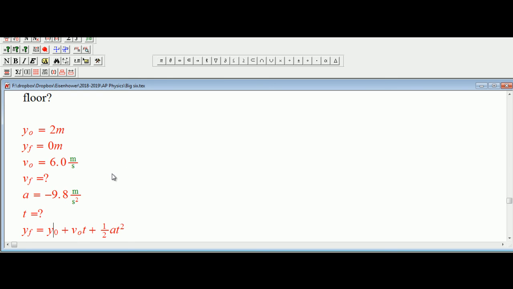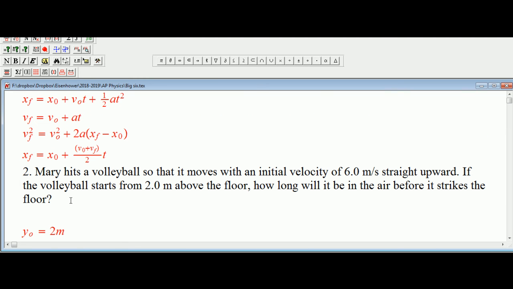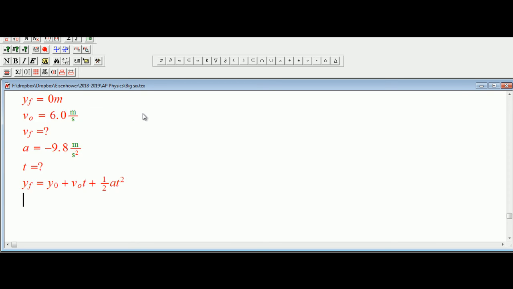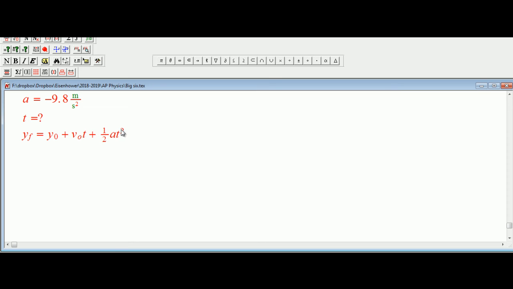Now, I need an equation that does not have a VF, a T, and we see right off the bat that it's going to be the first one. But this one's going to be interesting because let's see what kind of equation we have. I have a y naught, my yf is going to be 0.